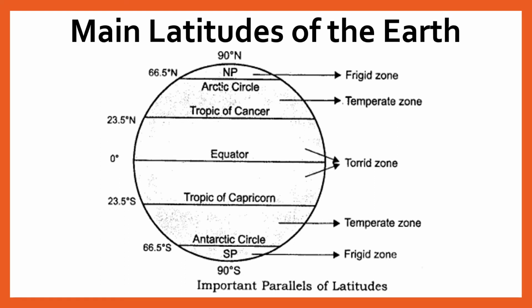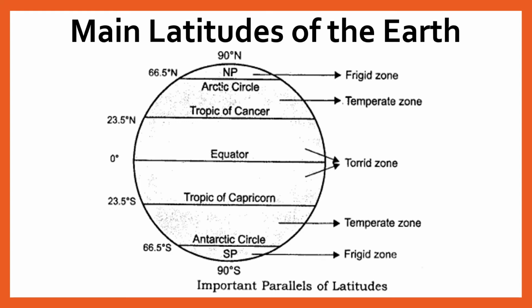And where is Tropic of Cancer located? It is at 23.5 degree north. And where is the Tropic of Capricorn located? It is located at 23.5 degree south. And Antarctic Circle is located at just the opposite side of Arctic Circle.